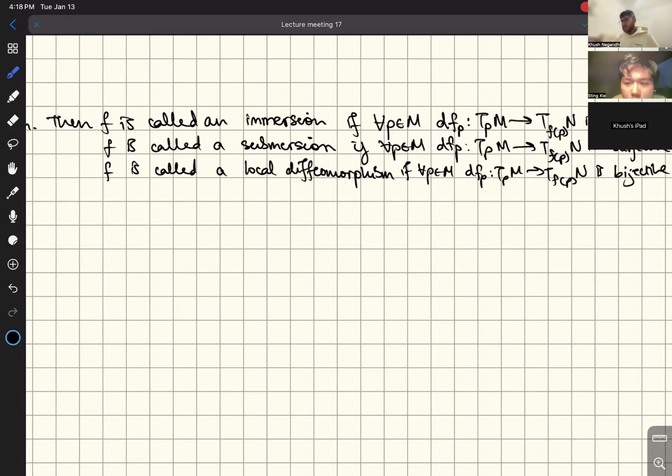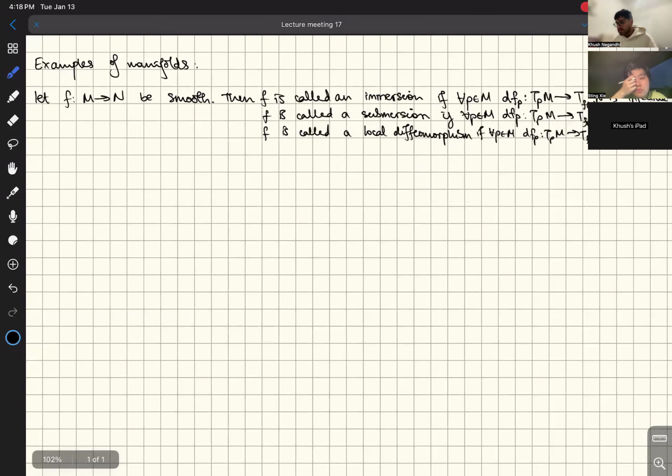Okay. So it's called a local diffeomorphism because you can use the inverse function theorem to get the fact that the map will be locally invertible. So in some sense, you're mapping some small enough neighborhood of your point diffeomorphically to a neighborhood of the image.